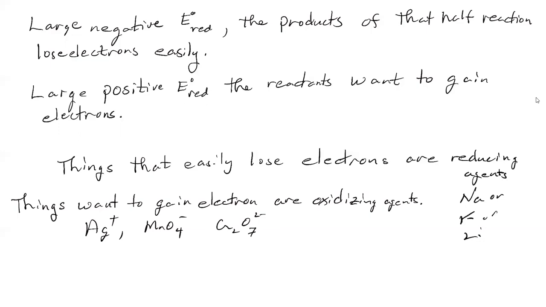And they're the reactants with the large E0 reduction, which means they're easily reduced. And if they're easily reduced, then something had to give them electrons, so they're good at oxidizing other things. So it's a little bit interesting to keep these straight.